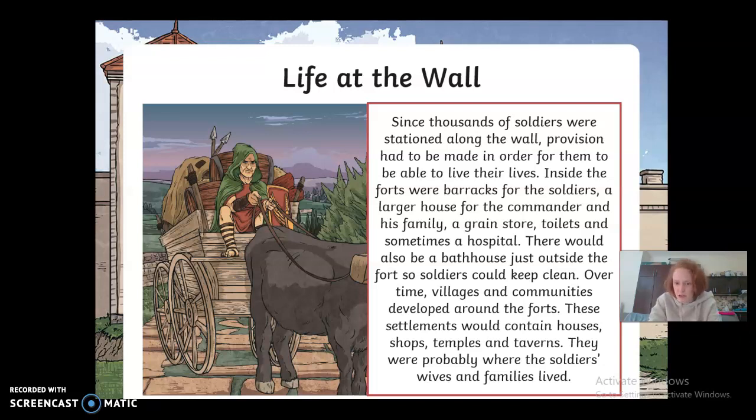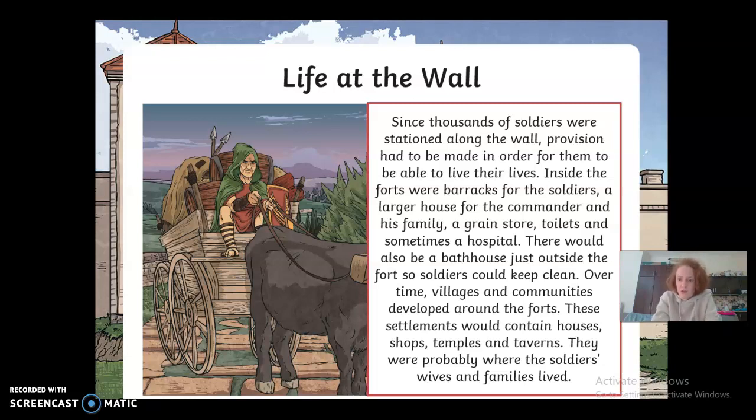There was a bathhouse sometimes, and over some time, because so many soldiers were living at the wall, villages and communities developed around the fort. When they built the wall and the forts, there was just empty land. But after some time, actual towns and villages developed around the forts.